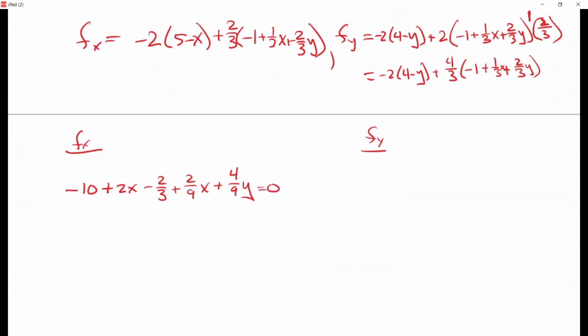Okay, I think I cleaned up the f sub x. You can double check my math. There, I think I got the f sub y. But once again, double check.